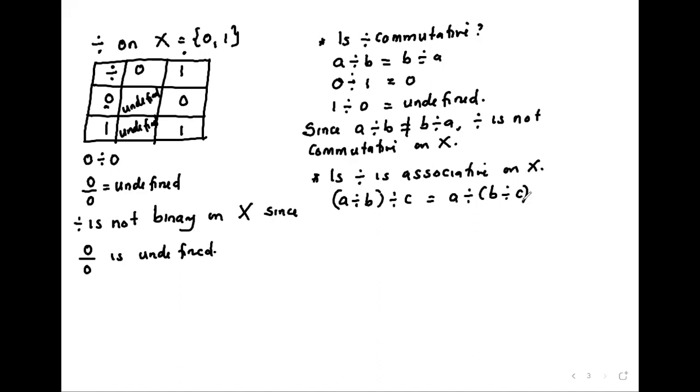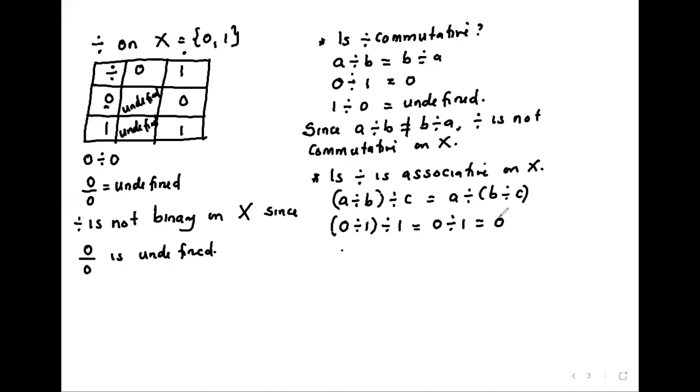Is that the case? Let's pick numbers. 0 divided by 1 divided by 1. Let's use the same one. We repeat 1. What do we get? We get 0 divided by 1, that is 0, divided by 1 is still giving us 0.